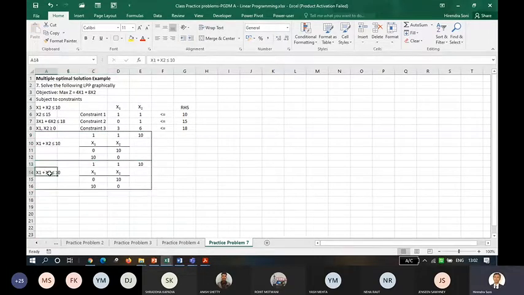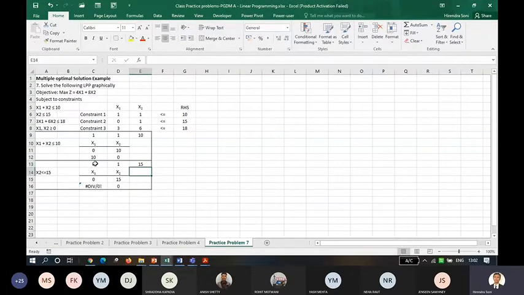Now let us look at the second one. The second one is x2 less than or equal to 15. So x2 less than or equal to 15, what will happen? The coefficient of x1 would be 0 and of x2 it would be 1. This value would be 15.